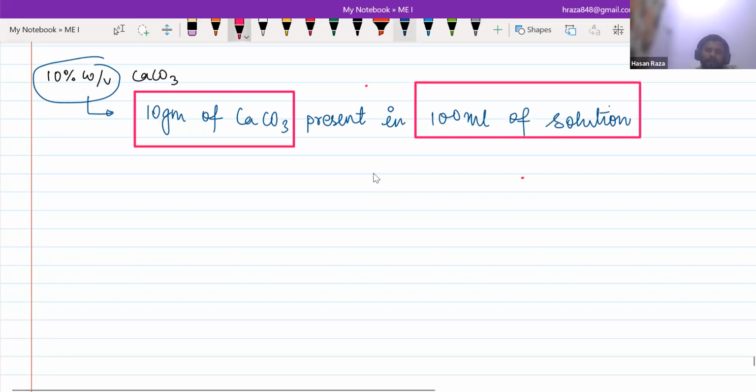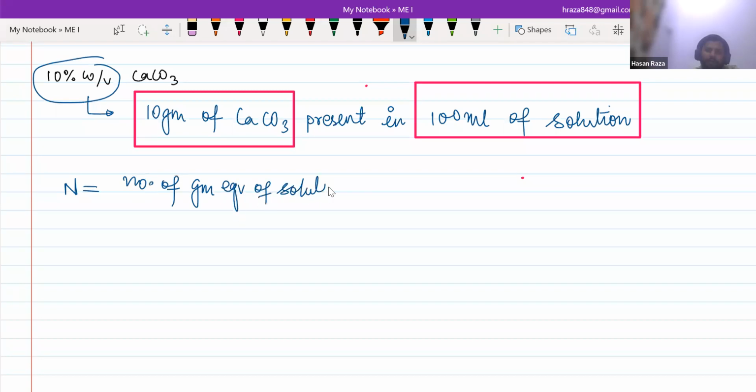Now it's very easy. Apply the formula of normality. Normality is the number of gram equivalent of solute upon volume of solution in liter.